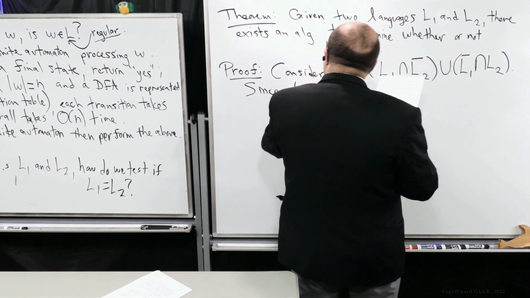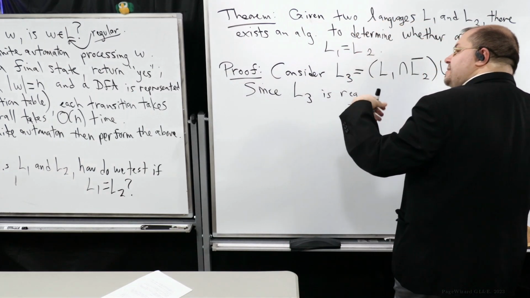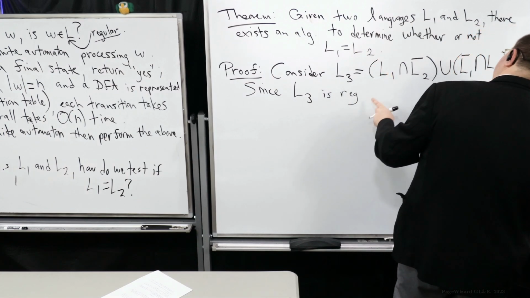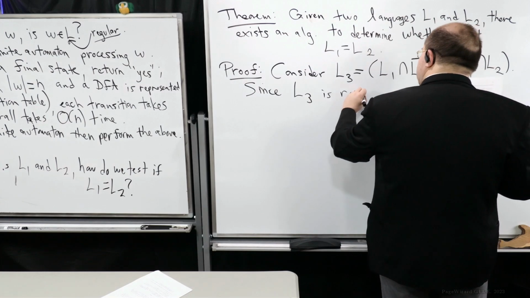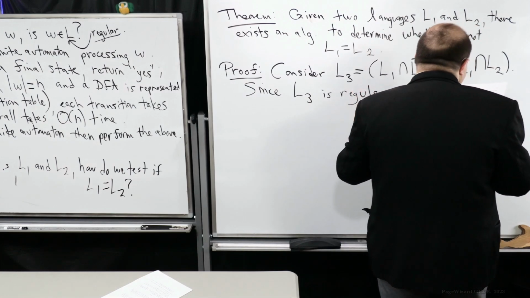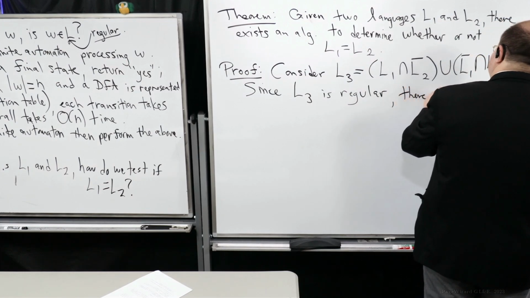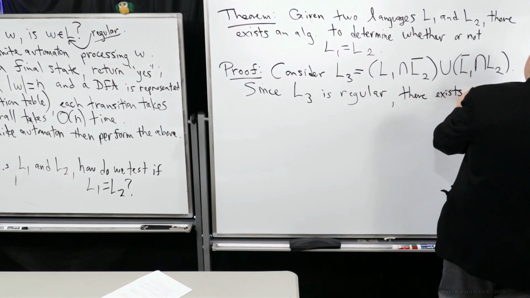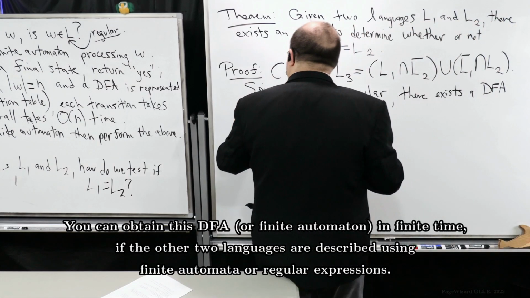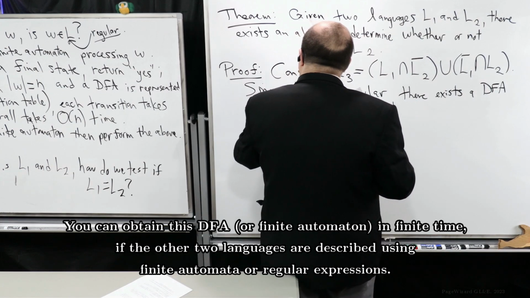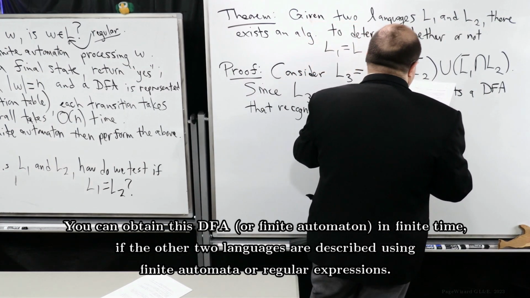Since L3 is regular, and I'll leave this as an exercise for you to prove using the similar kind of arguments we've seen when we built expressions like this using set operations, since L3 is regular, there exists a DFA that recognizes L3.